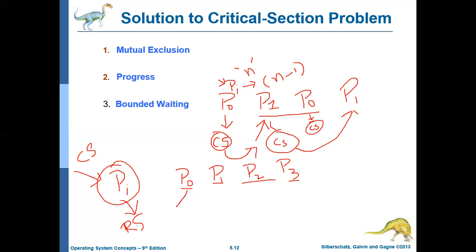First P0 should be allowed to go into the critical section. Once P0 completes, P1 should be allowed, then P2, then P3. After P3, if Pi wants again, then Pi should get a chance. So this is called bounded waiting.